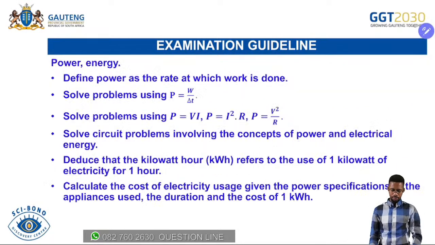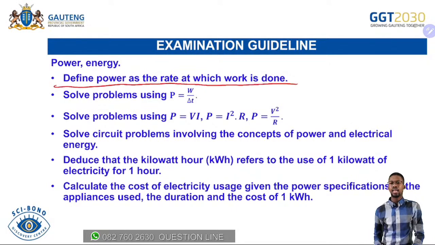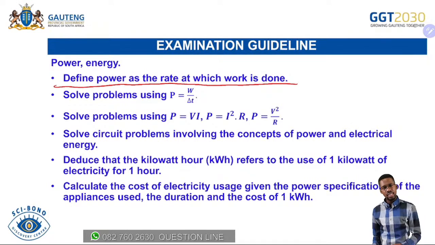Let's move on and talk about power. The exam guideline says define power as the rate at which work is done. When we talk about the rate, we're talking about per time, divided by time.